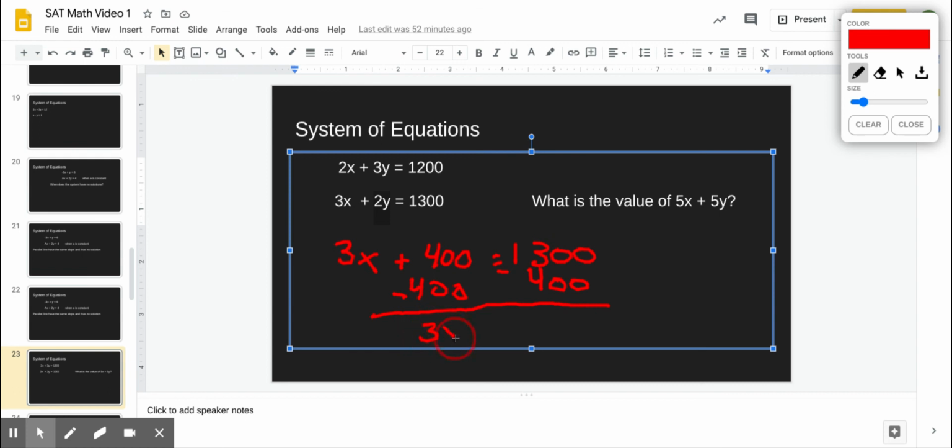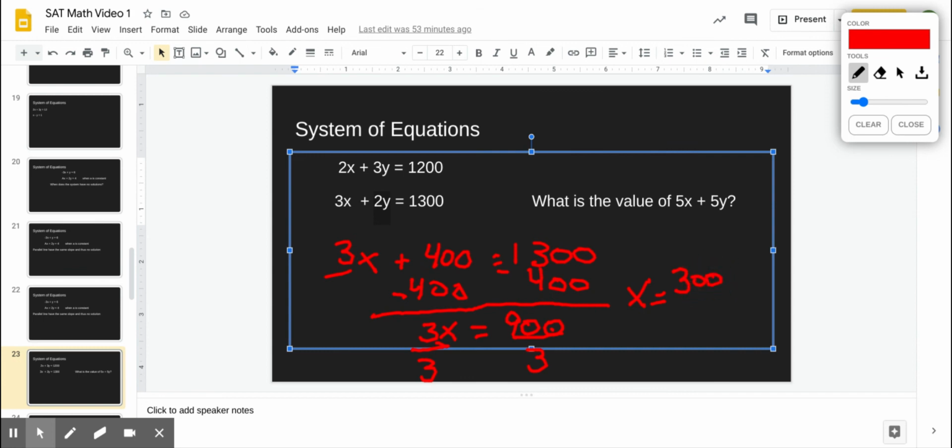So that'll give us 3x equals 900. And always double check. You don't have a calculator. Remember, this is the non-calculator part. 9 plus 4 is 13, so you know that has to be 900. And so we'll just divide the 3 on both sides. And we know x is 300. X is 300. So we have our solution.